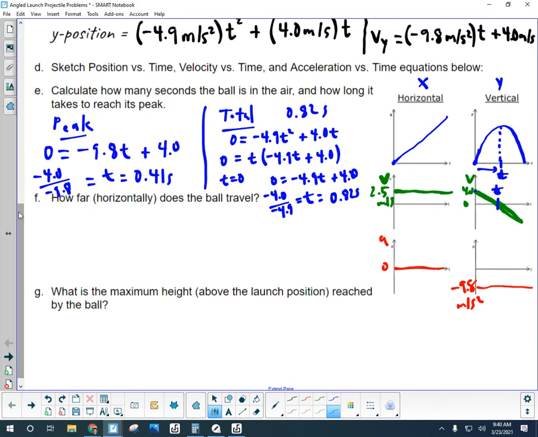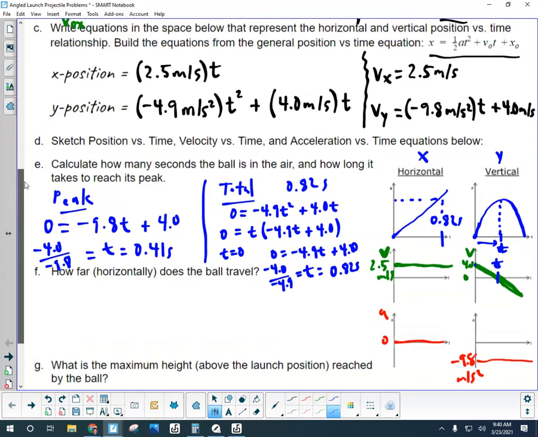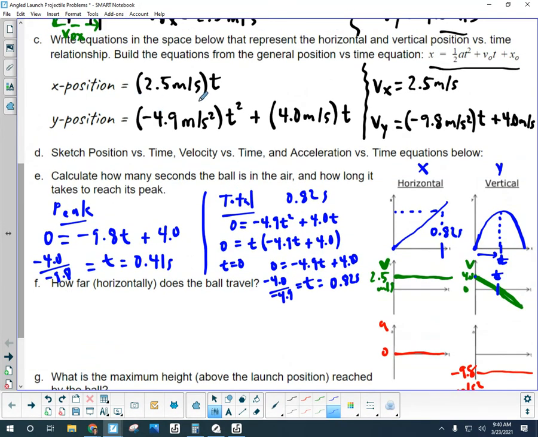Okay, now how far does it go? We want to know how far does it move horizontally in the full flight time, in 0.82 seconds. Where are we in the x direction? Well, the x direction equation was just the x velocity, which doesn't change, times time.